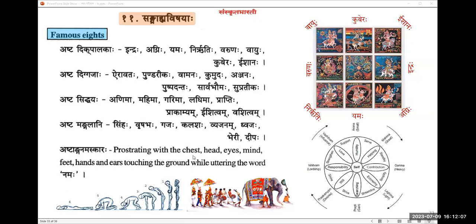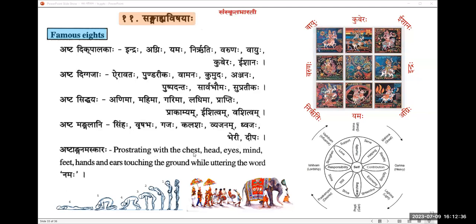Actually, in yoga we say it's basically the 2 padas and then the 2 knees. Knees, yeah. So the 2 padas, the 2 knees, then the chest and the 2 arms and the forehead, like this we say. So there also the 8 count comes with all of them, but we'll take this.